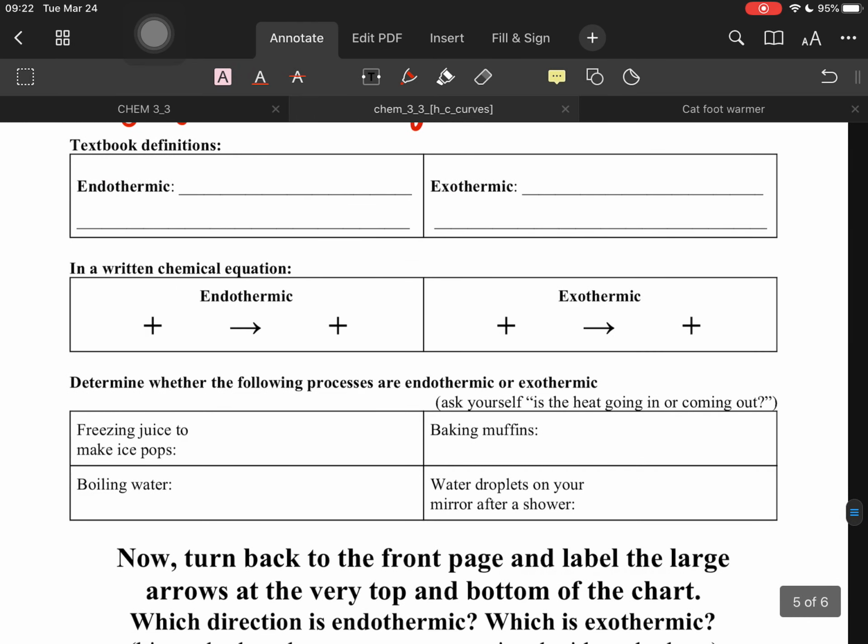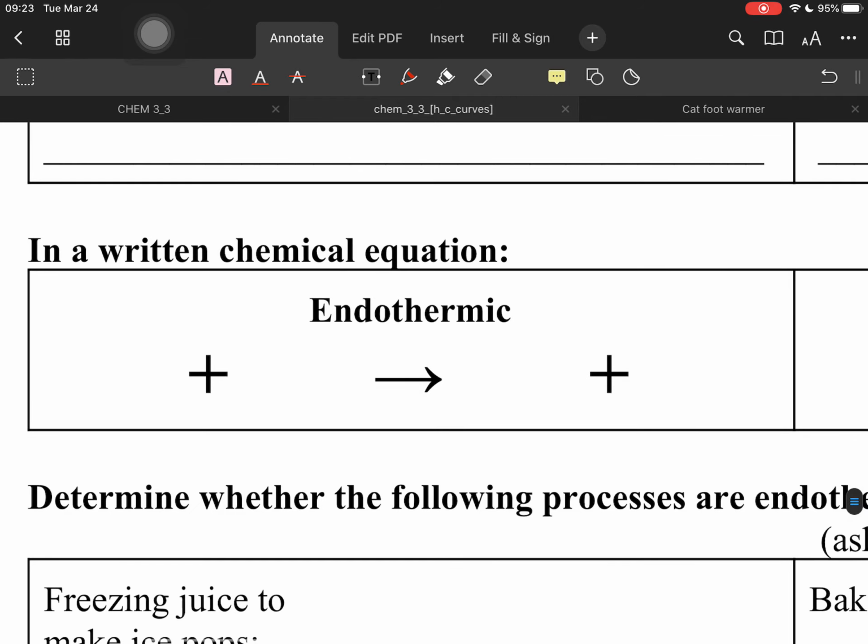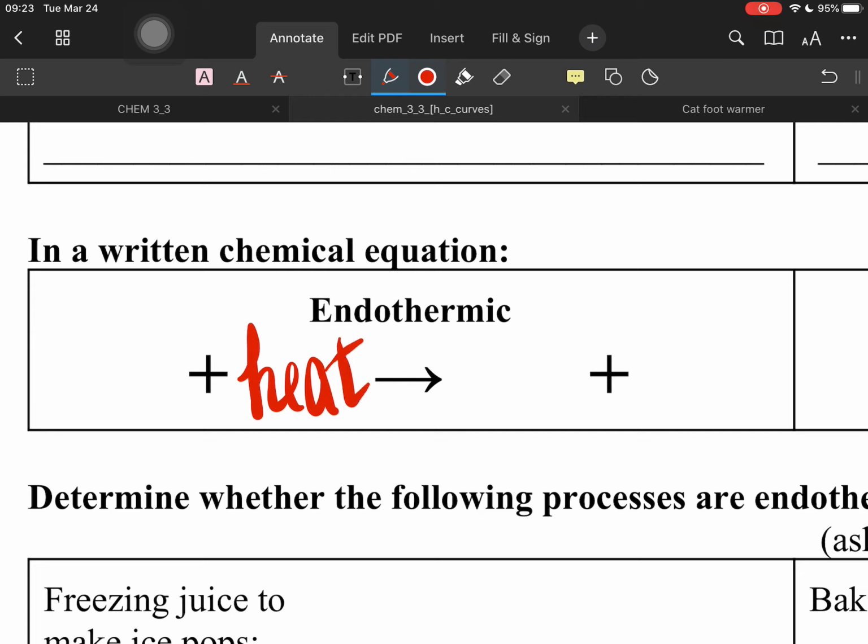In a written chemical equation, right? So if I have endothermic, heat is going into something. It's going into the thing. It would be on the left side, right? Because think about you're putting ingredients into a cake.